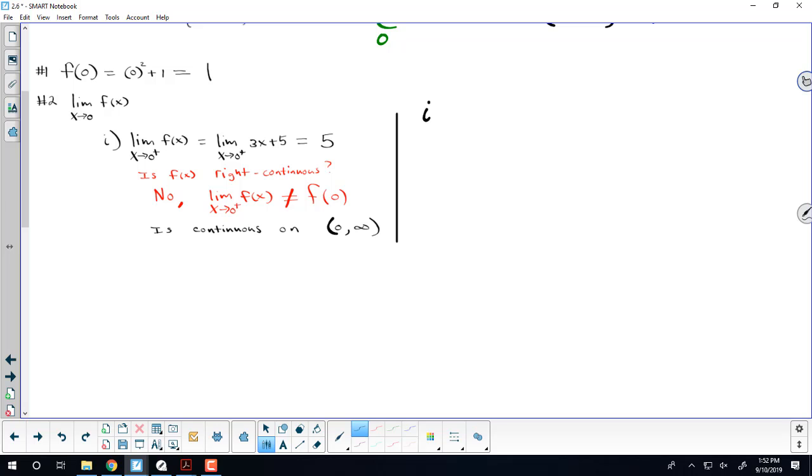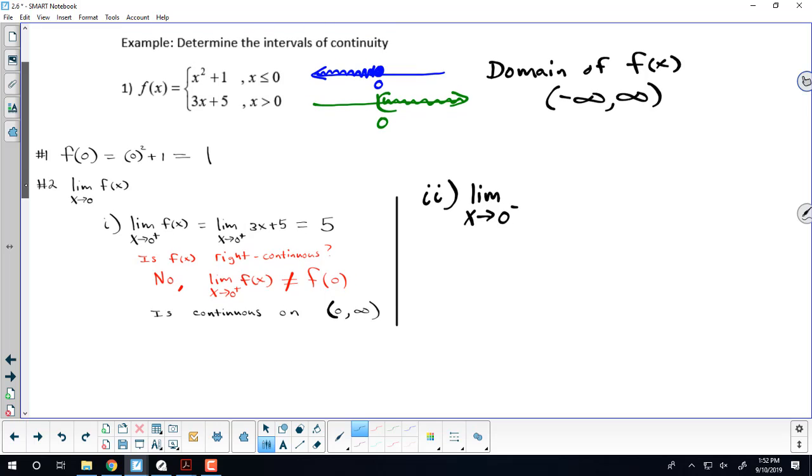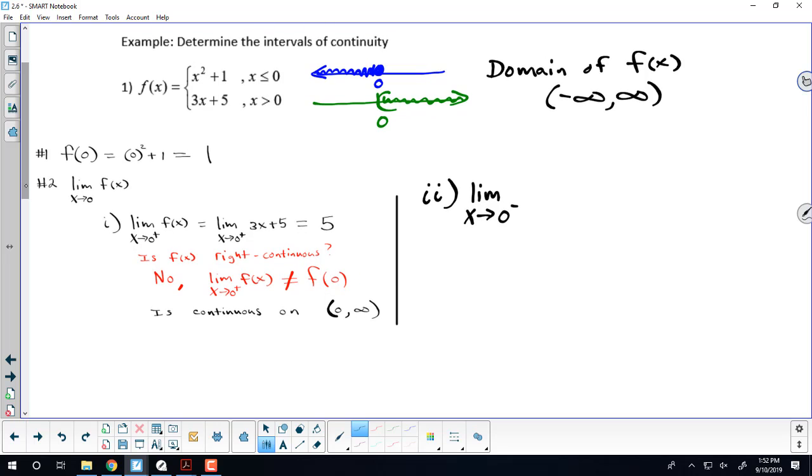So we'll call that part 2 for checklist item number 2. So if we're approaching 0 from the left, then we have to use our top piece. So that is x squared plus 1.